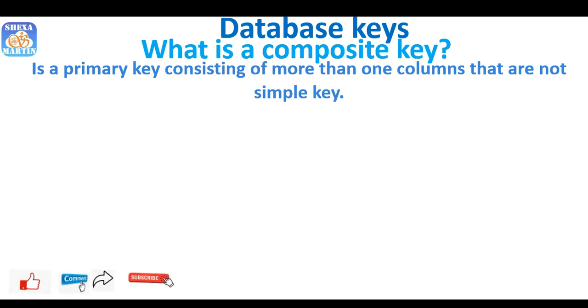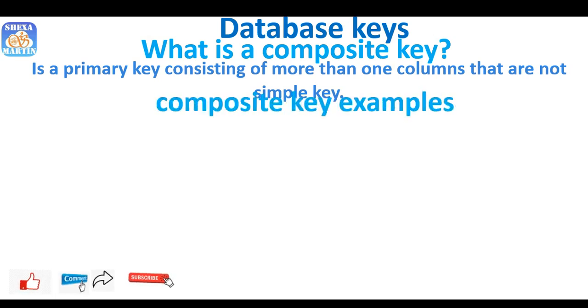So by this we mean a composite key differs from a compound key in that one or more of the attributes which make up the key are not simple keys in their own right. So at least one of the keys that formulate a composite key cannot uniquely identify table tuples or table records.